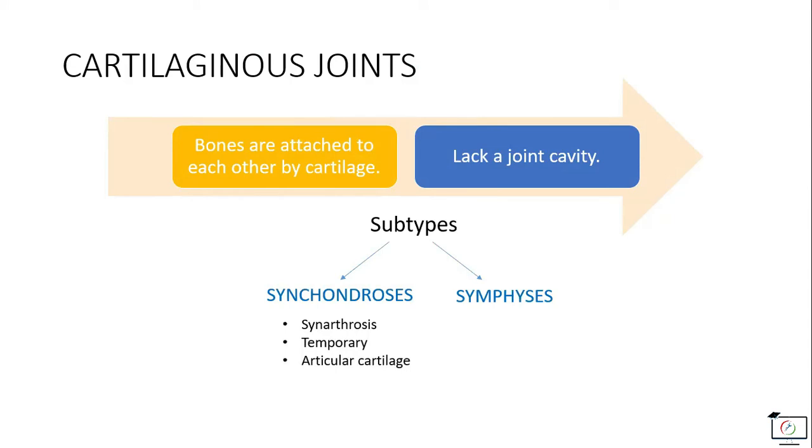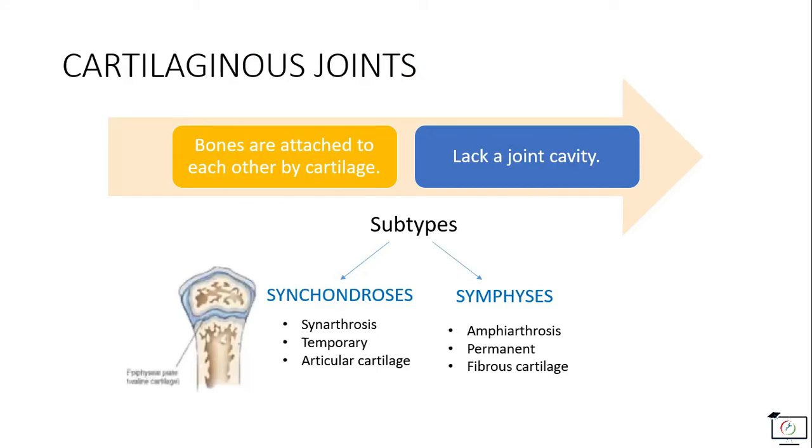They are temporary, can be replaced by bone later in life, and have articular cartilage. While the symphyses are amphiarthroses, or slightly movable joints, that are permanent and have fibrous cartilage. The example of the synchondrosis is the epiphyseal cartilage, while the example of the symphysis is the pubic symphysis.